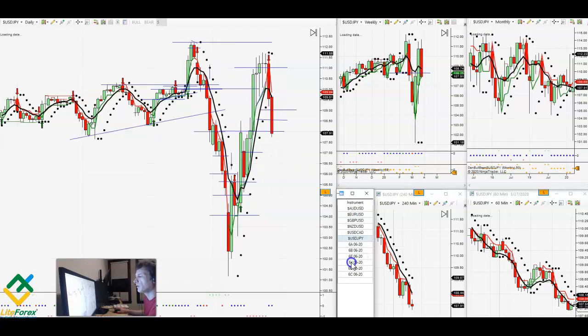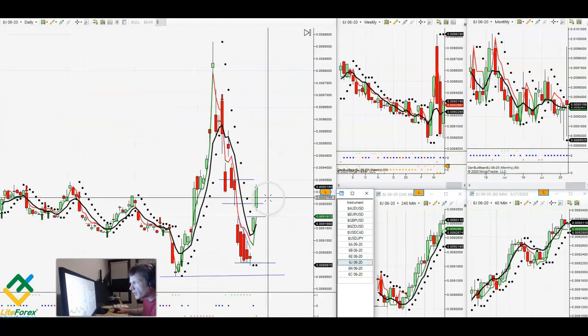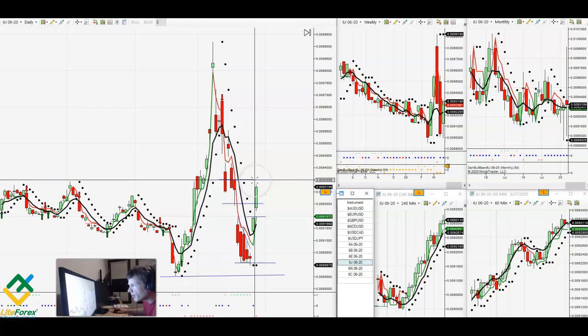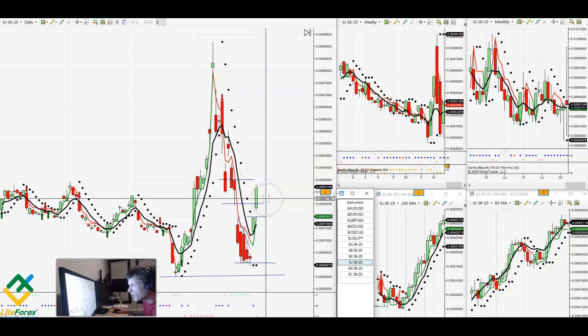Let's take a look at the yen futures. Yeah, the yen futures, we got resistance at 0.00935. Support is going to be at 925. This one looks like it should pull back, but it still looks like it has some more upside to it.